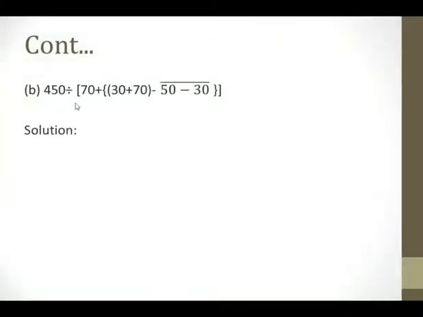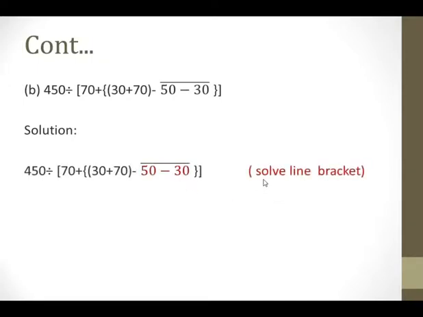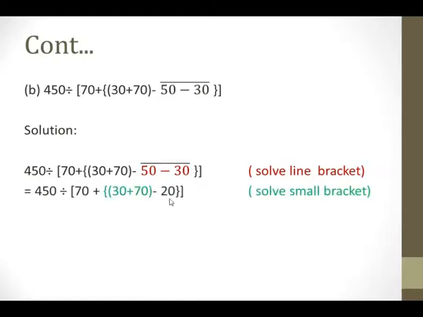One more example I have taken here. Here we can see that brackets have also been used, small bracket, curly bracket and square brackets, and line bracket is also given. So how do we deal with it? First we will solve the line bracket, that is 50 minus 30. So we have got 20. Then we will solve the small bracket. In the small bracket we have been given 30 plus 70, that is 100. So we have got 100 minus 20.